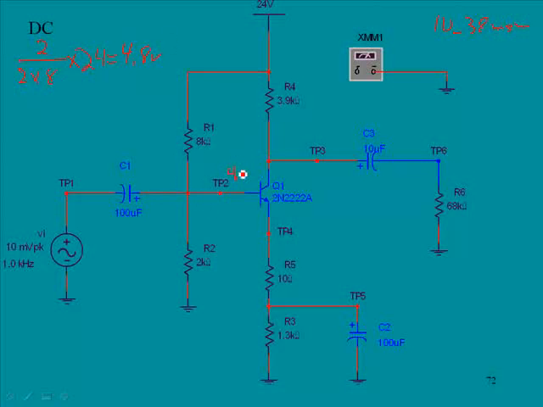I'm just going to write this in, 4.8 volts. And that would be at the base of the transistor. And since this is base to emitter here, we would expect a 0.7 drop, so we would have about 4.1 volts on the emitter.